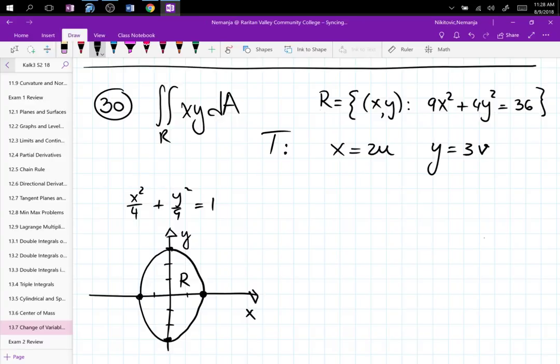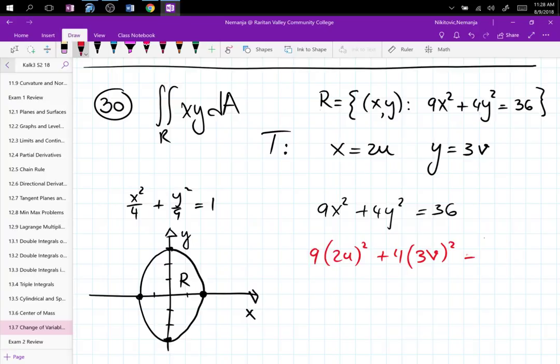So what we are going to do is take this equation, 9x squared plus 4y squared equals 36, and plug in our transformation. So now the transformation, let's do it in red, is going to be 9 times, instead of x, I have 2u, squared, plus 4 times, instead of y, I have 3v, squared, equals 36.